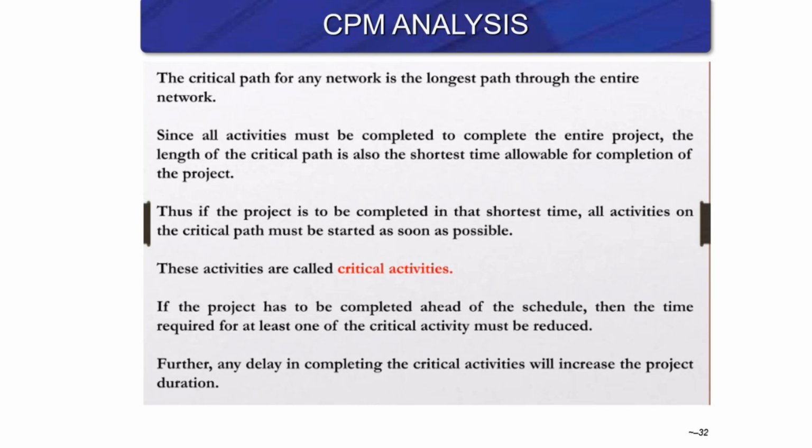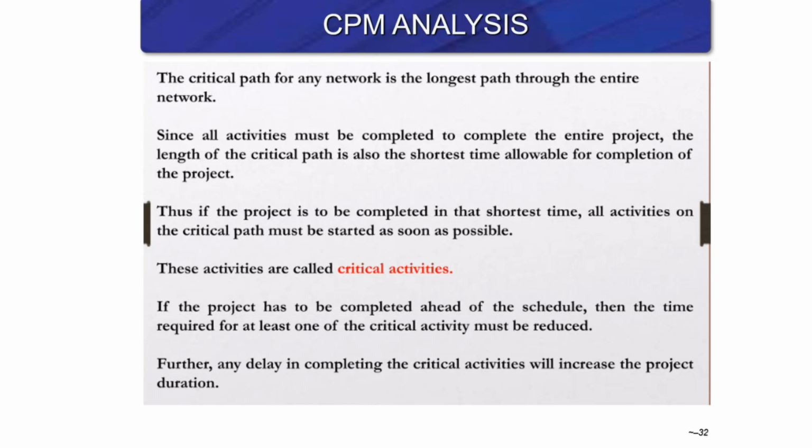There are probably a couple of paths in real life when it's a very complex project. So the shortest one is the criterion that CPM wants to identify. If the project is to be completed in the shortest time, all activities on the critical path must be started as soon as possible.